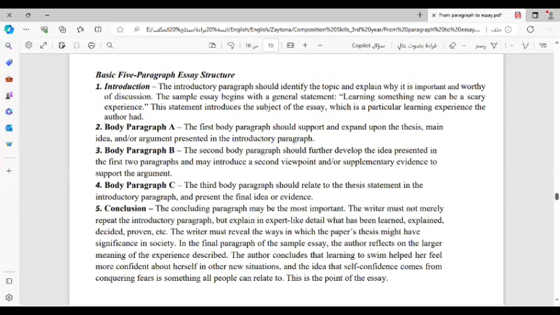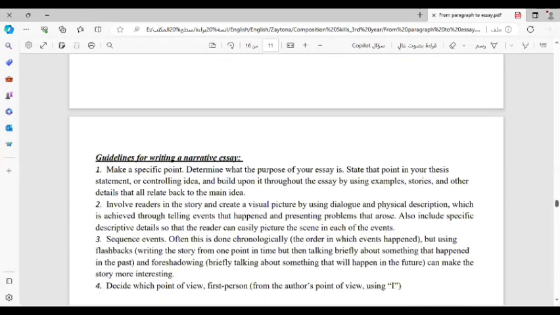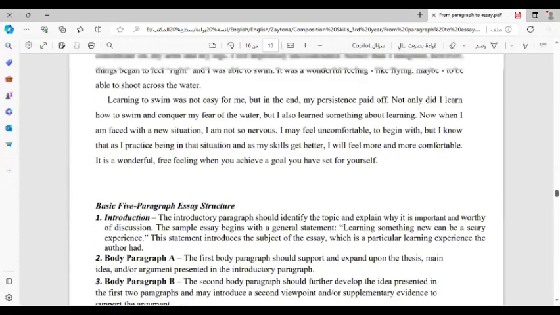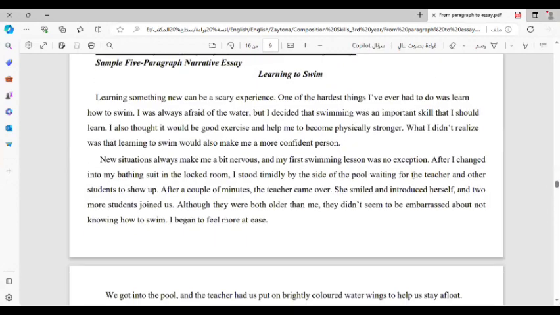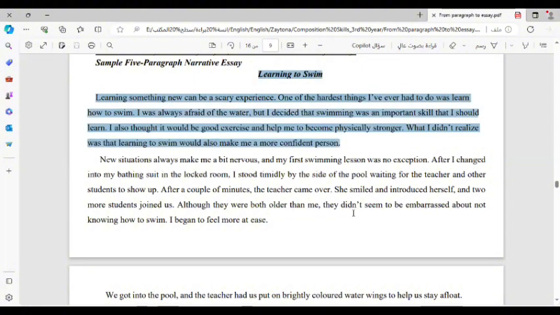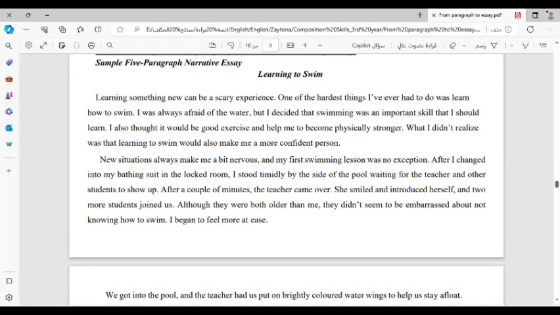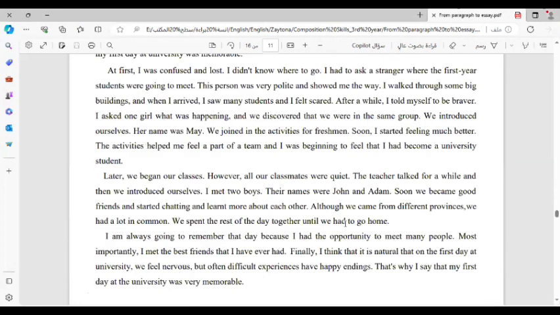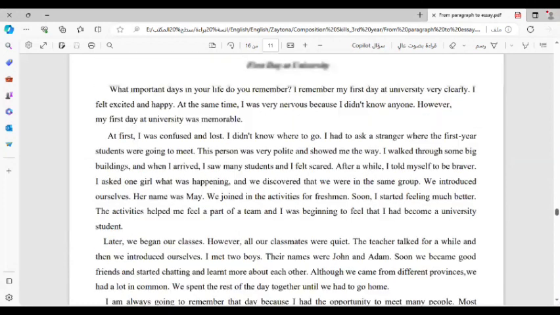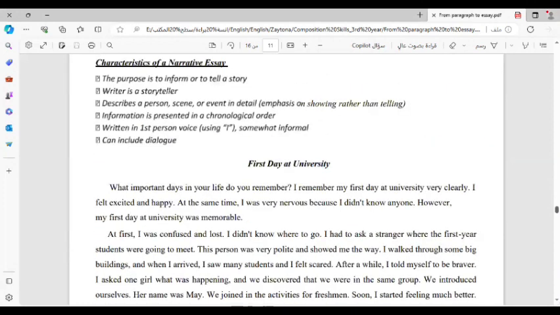Don't forget about the notes that I gave you during the semester, and don't forget about focusing on the form and the content, الشكل والمحتوى, because the form of the essay is also important. Here in this file you will see a lot of examples. You can read them and imitate them, like write a similar one.